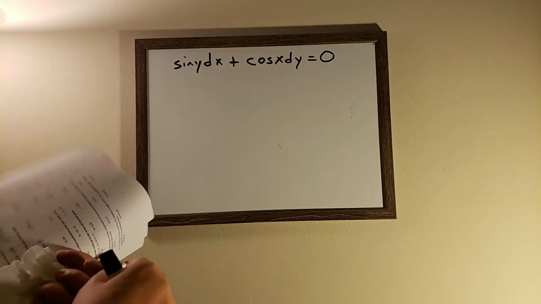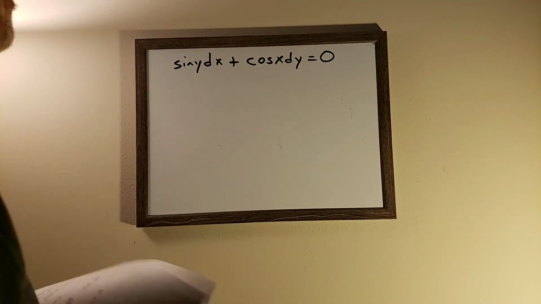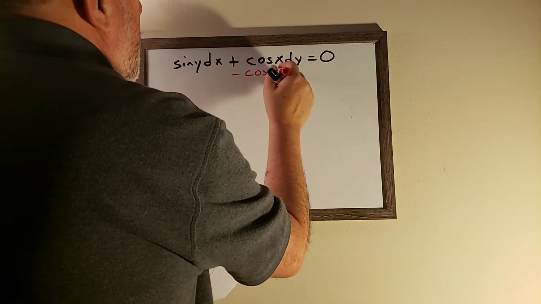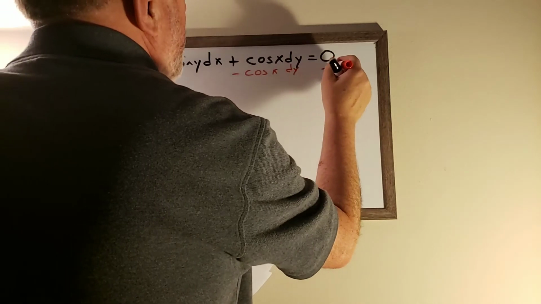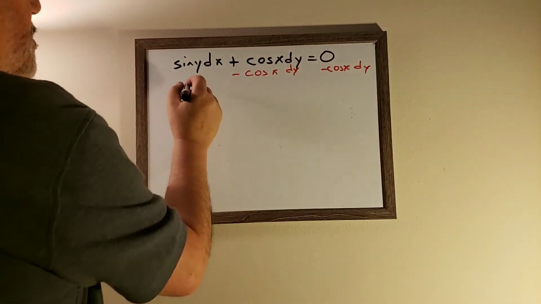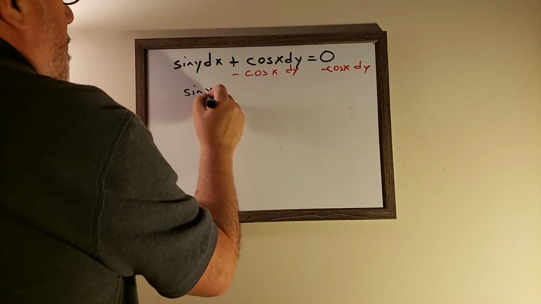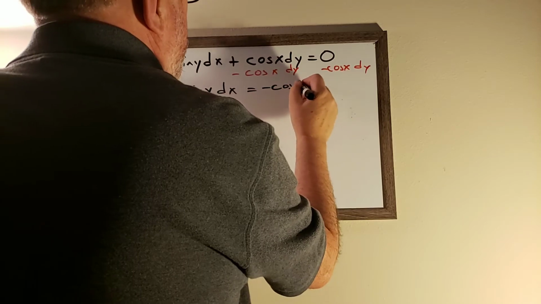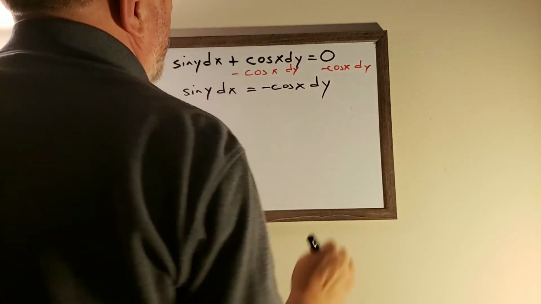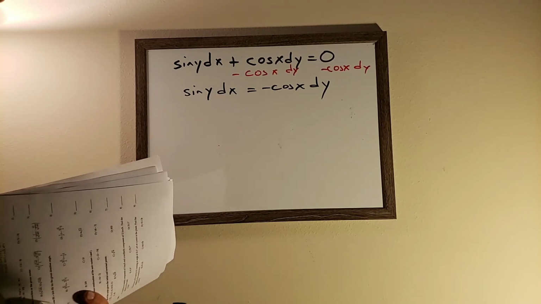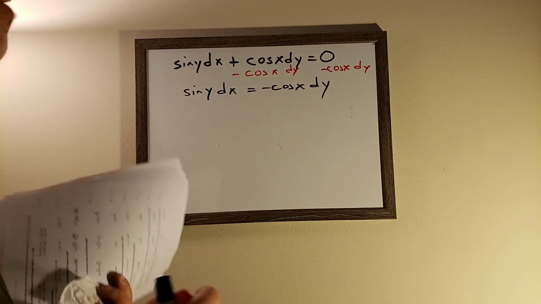So we're going to first start by taking, let's take the cosine over to the other side. So we can start getting these separated a bit. So I end up with sine y dx is going to equal negative cosine x dy.